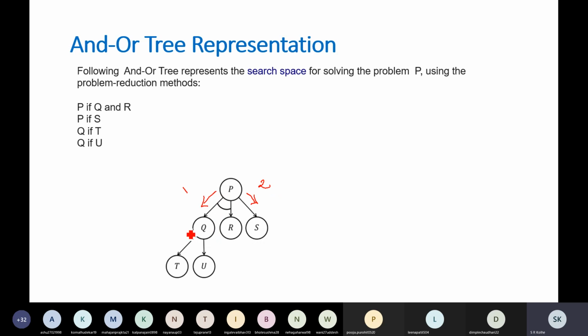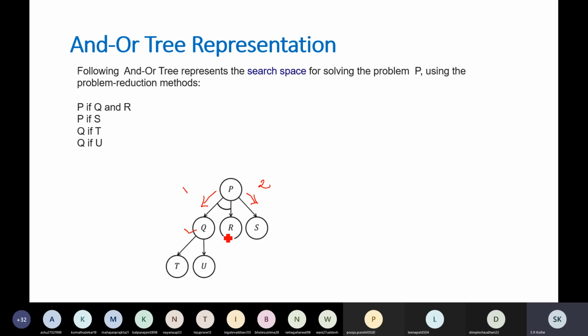If you go through this, you must solve this Q as well as R. To solve this Q, you will have to solve either T or U, because this is OR type of arc. To get the final solution P, to solve this Q, either T or U, and you should solve R also.